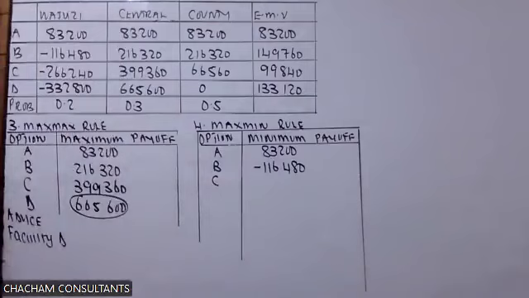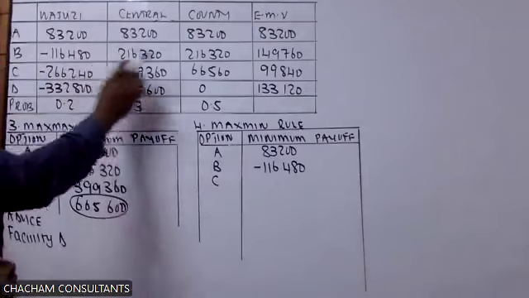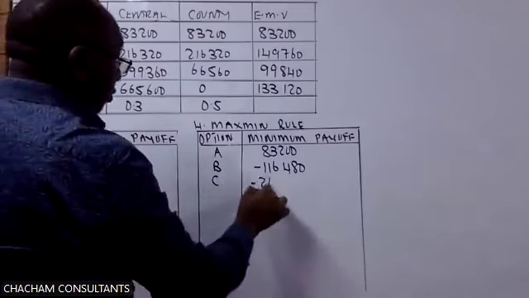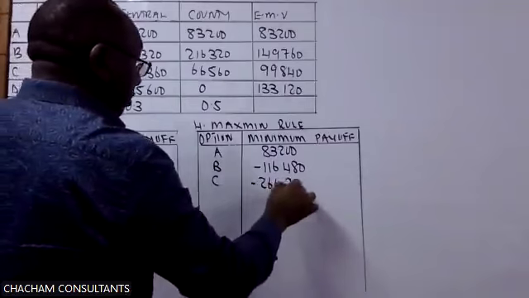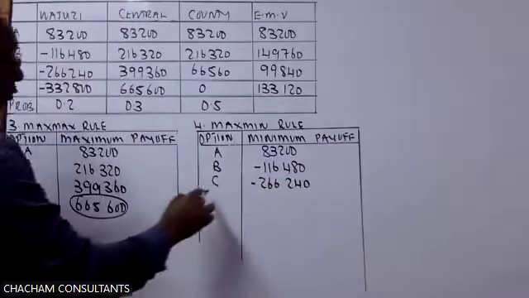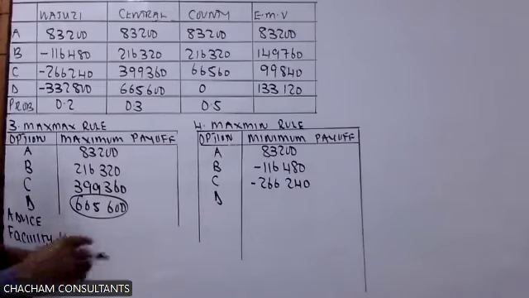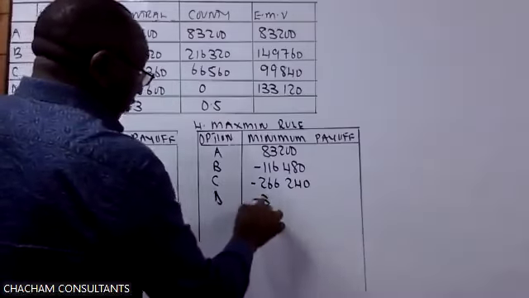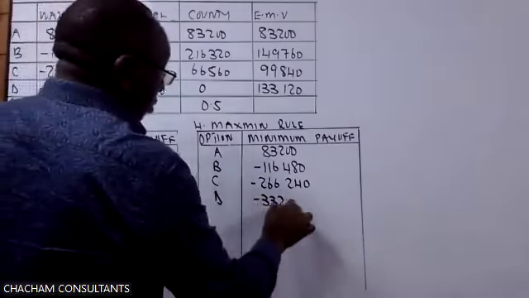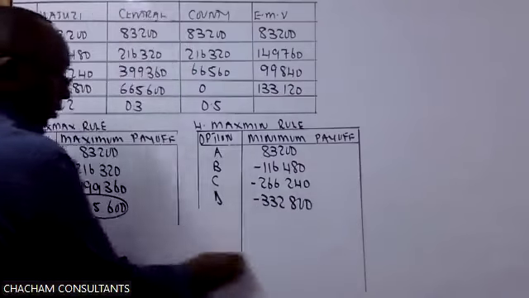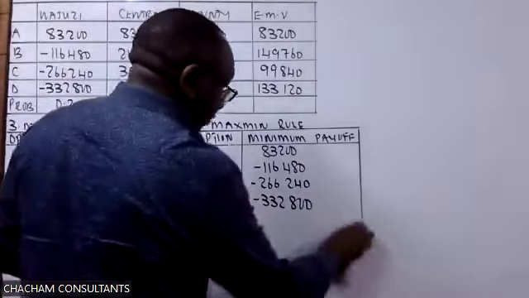You go to C, you look at the 3 of them, you realize that the minimum is 266,240. You go to D, and you realize that the minimum is negative 332,800.